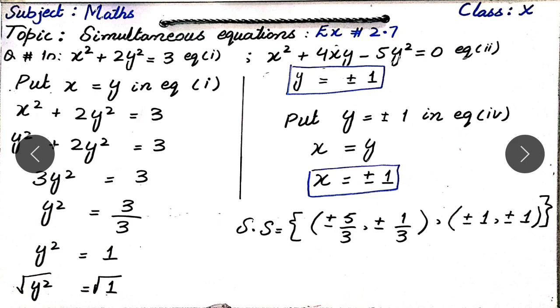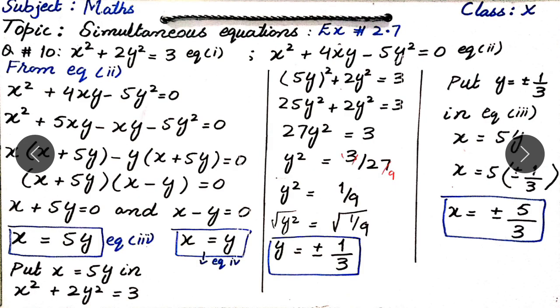Here we have two values of x. Here we have the values of y equal to plus minus 1 upon 3, and then we will have the values of x.